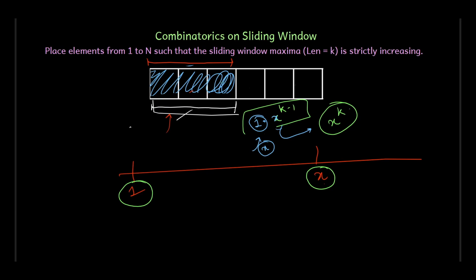So this looks correct at first glance, but this is actually incorrect. Then again you might try to fix it by saying that I actually can pick any of these elements as my choice for fixing this x, so there are k choices to fix the element that you want to assign as x, and then for the remaining elements you can do x to the power k minus 1.